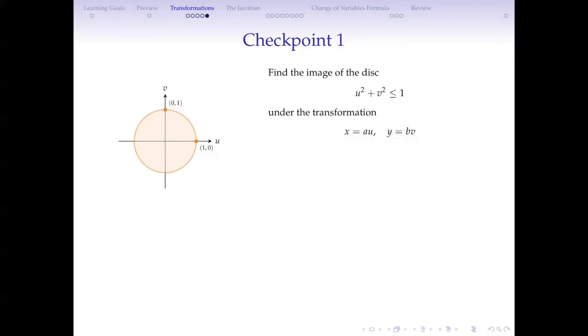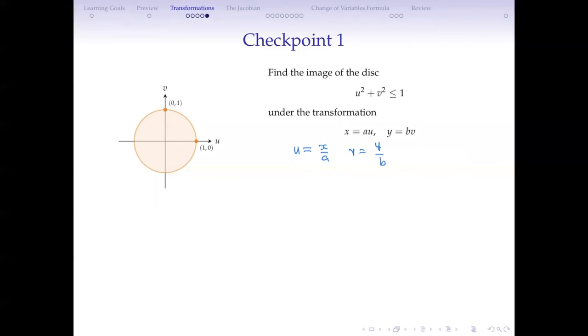Now I'll tell you a useful thing to do may be to solve this transformation for u and v. So u is going to be x over a, and v is going to be y over b. Let me write that a bit more neatly so it looks more legible. v is going to be y over b.